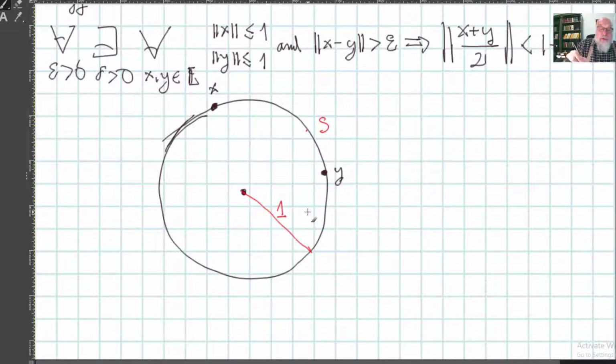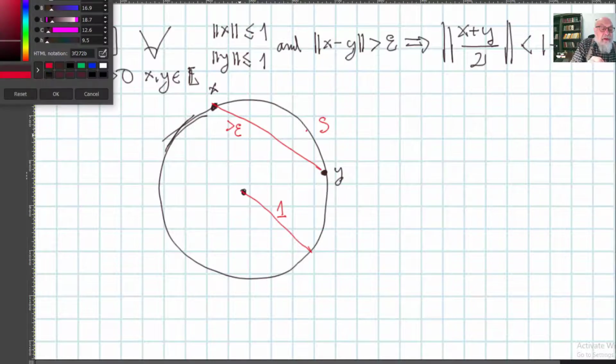Now we connect these two points, and what do I have? These points are at a distance larger than epsilon, so they are quite far away. Now we find the middle point, and we want this middle point to be away from the sphere.